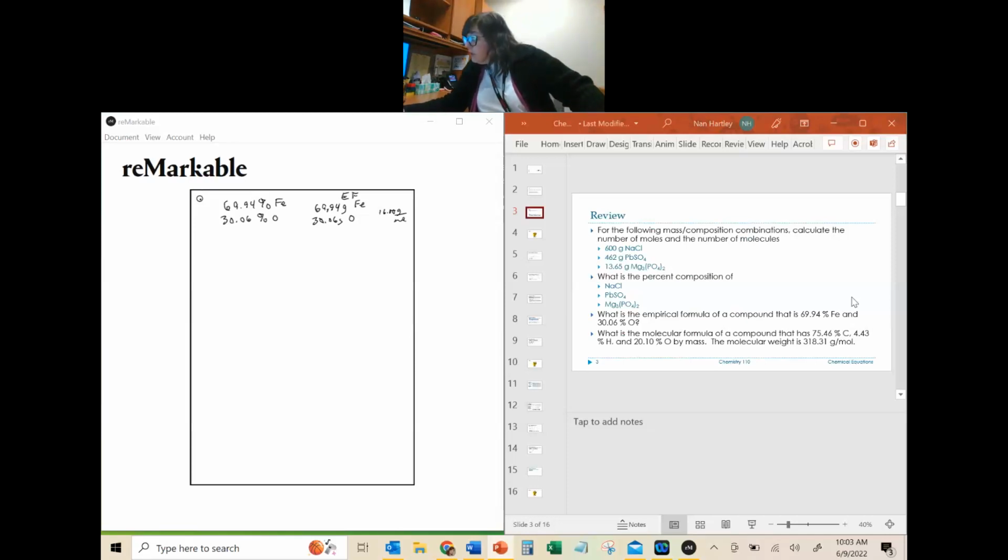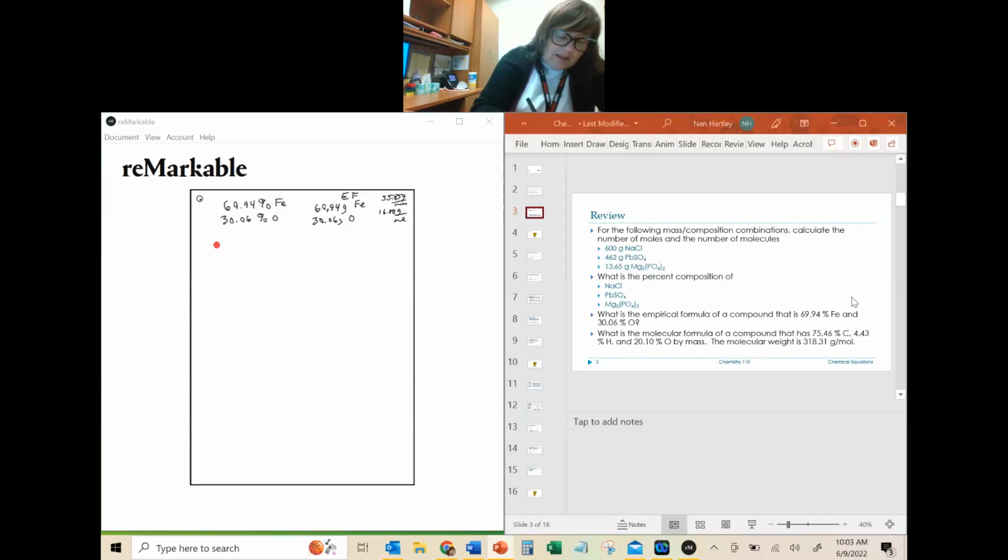Iron, I have to find on my periodic table, 55.85. I need a table I can read better. 55.85 grams per mole. So we do calculate the number of moles, right?